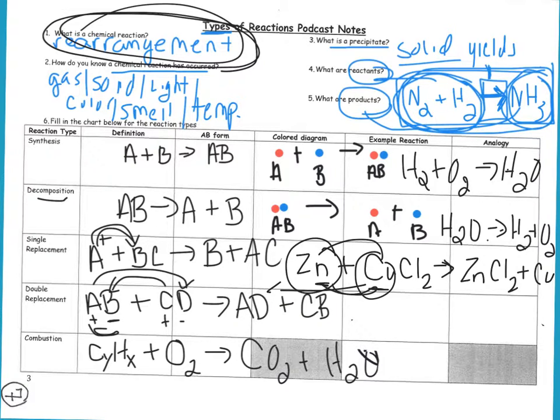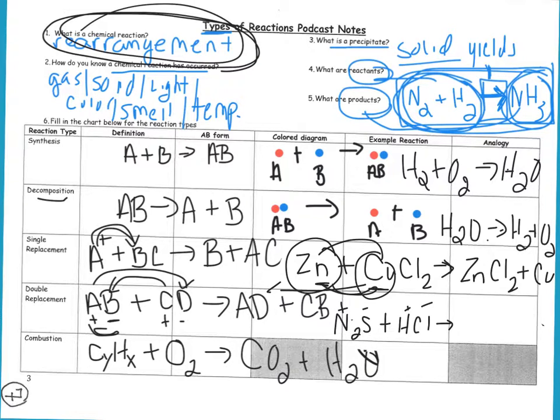In a double replacement reaction, two things are going to switch places. So here I have sodium sulfide, disodium sulfide, and hydrochloric acid. There's my cation and my anion. There's my cation and my anion.